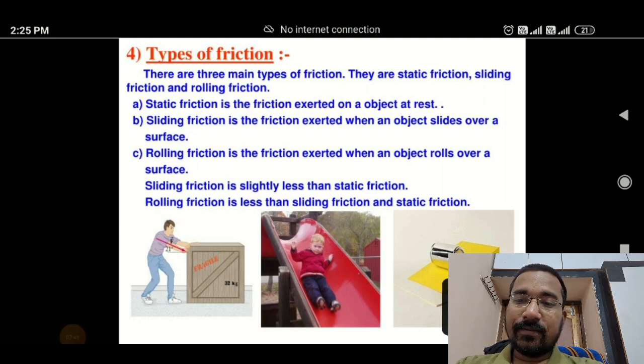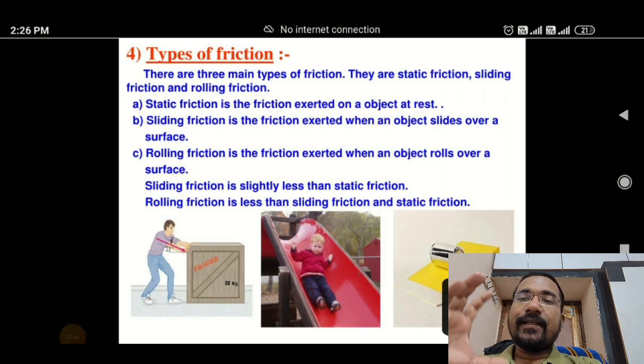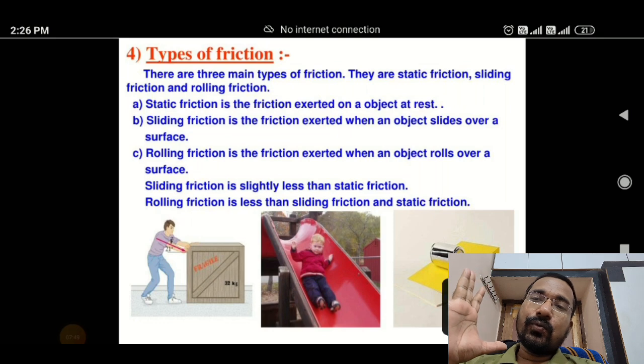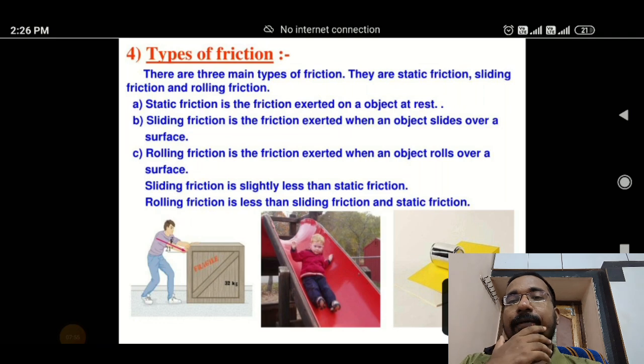Okay, if we put an object and it is at rest, we have to push it harder to move it.